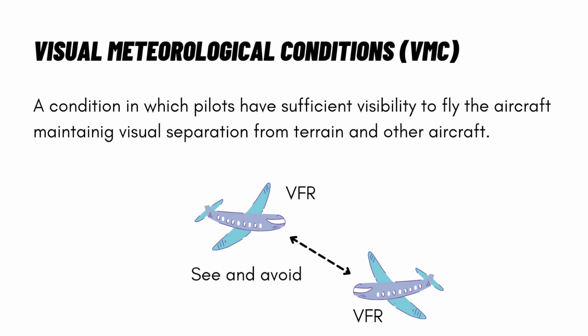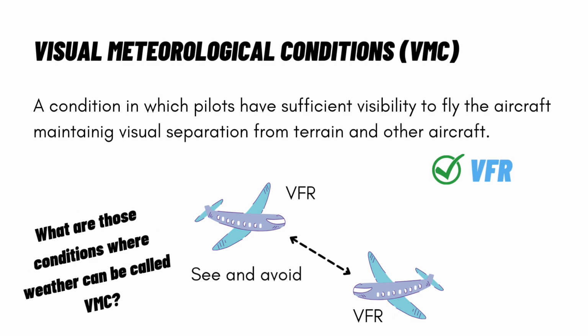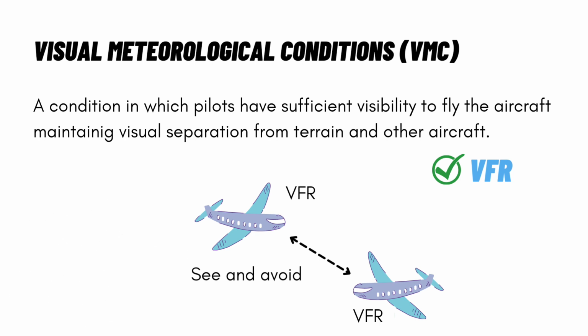Specifically, the weather must be better than basic VFR weather minima. In aviation, VMC is an aviation flight category in which VFR is permitted. That is a condition in which pilots have sufficient visibility to fly the aircraft, maintaining visual separation from terrain and other aircraft. So another question that comes here is, what are those conditions where the weather can be called VMC?